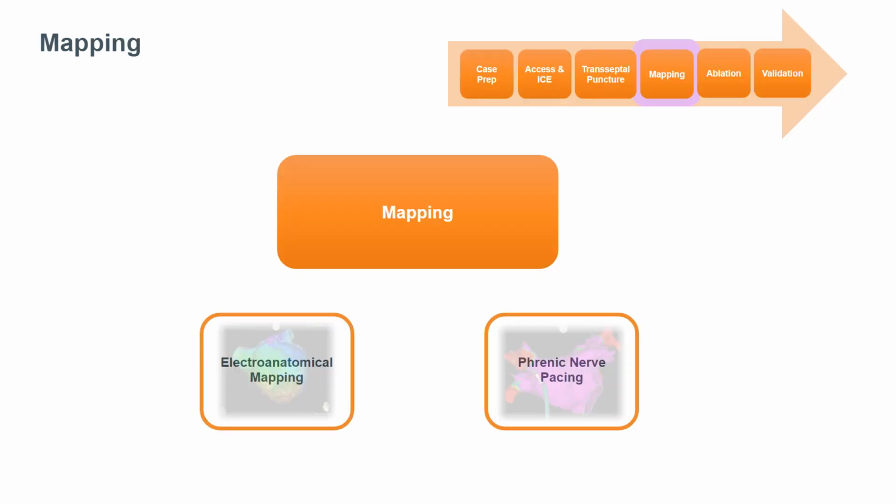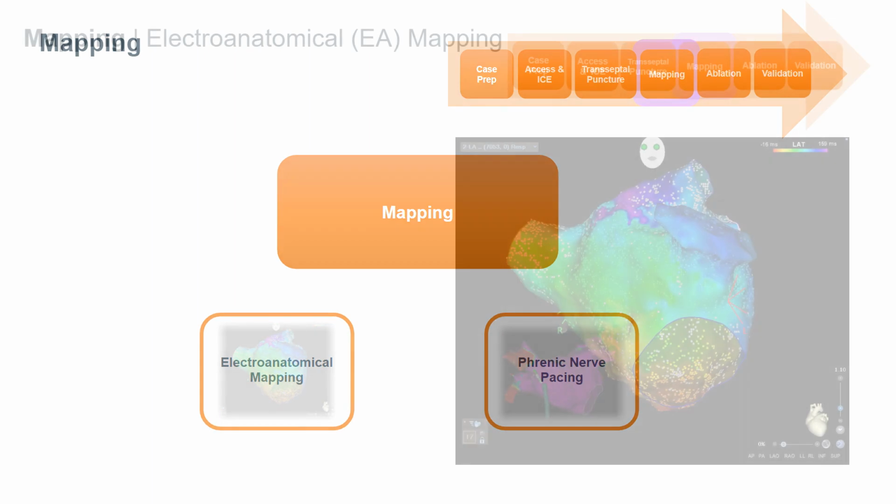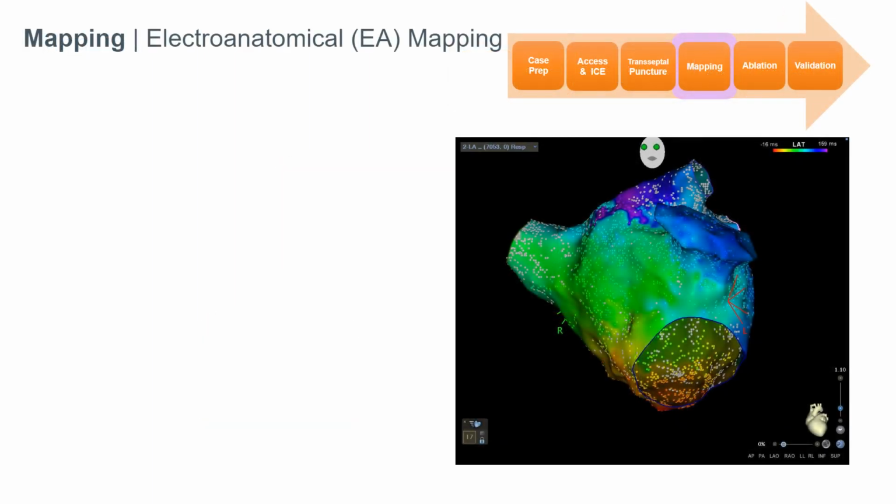The next step of an atrial fibrillation ablation procedure is the mapping phase. During this phase, electroanatomical data may be captured and phrenic nerve pacing may be performed. The CARTO3 system is an electroanatomical mapping system. Let's break down what electroanatomical mapping means.